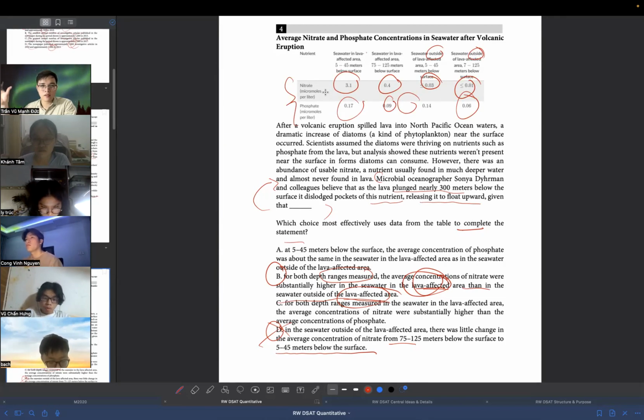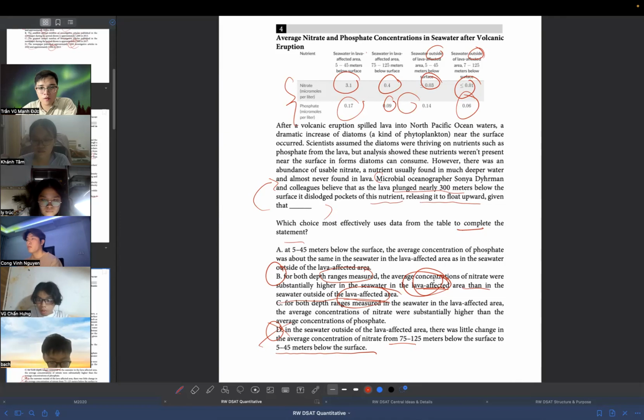In summary, nitrate and phosphate, they both increase in the area that is affected by the lava. So it most likely supports the assumption that lava causes the nutrients to go up. So it's B, right? Very good.